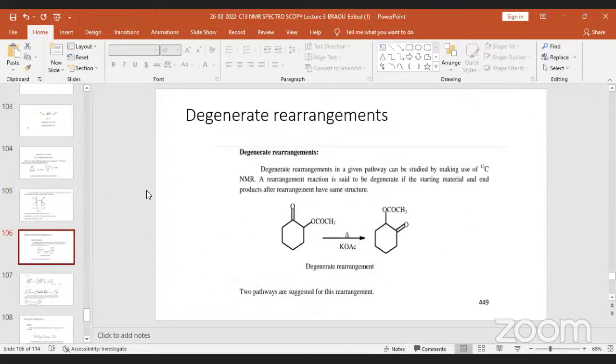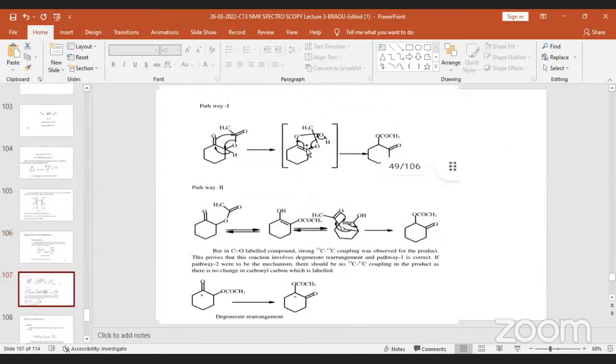Degenerate rearrangements can also be studied by making use of C13 NMR. You know, this undergoes a rearrangement. The carbonyl is coming here, going there through the intermediacy of a six-membered structure.